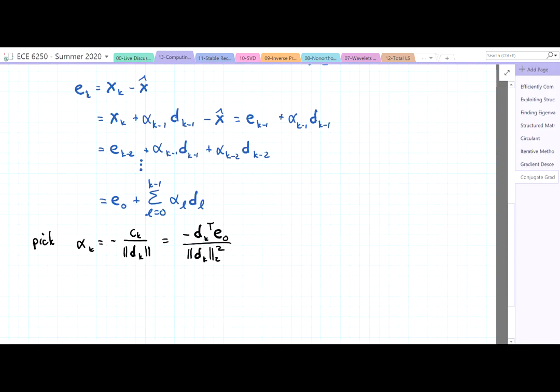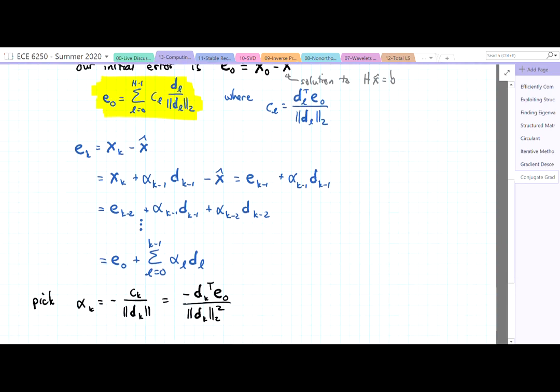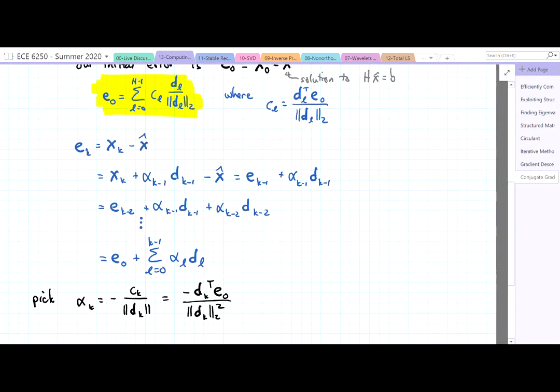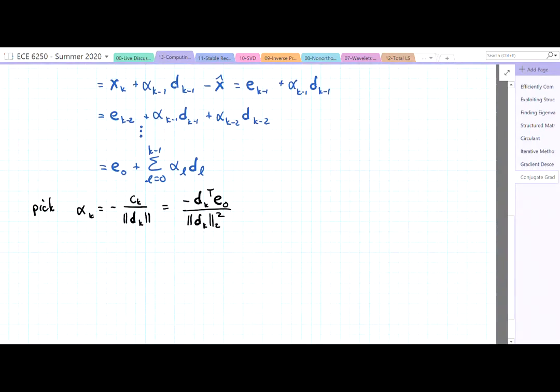So if we do this, remember that we had up above this expression for e in terms of each of these. And so now we're saying we take e0 and we sum up all of these alphas along the way. And in each one, it's perfectly designed to cancel out the corresponding term in e0. So as we increase k, we just one by one peel off each of these terms from e0 until pretty much we're down to our minimum error, which should be 0.